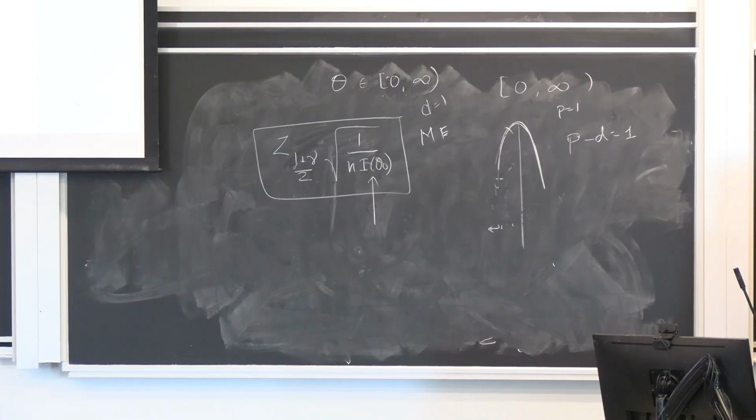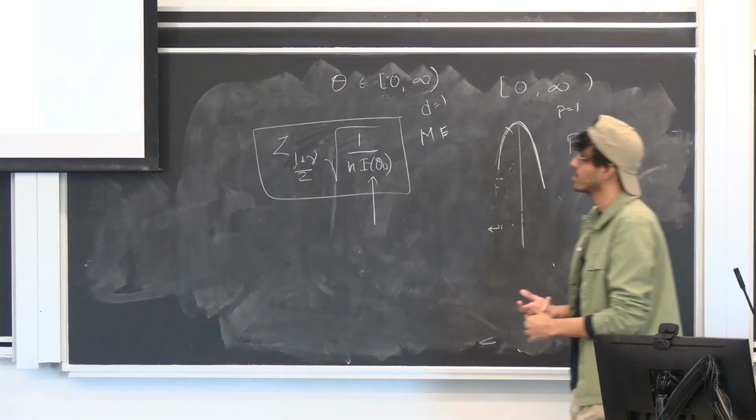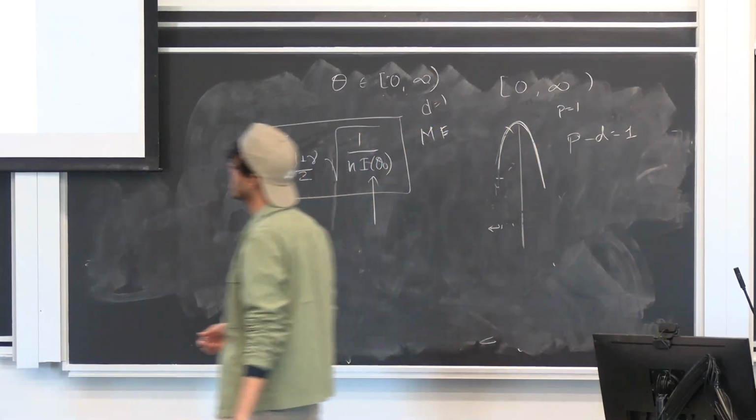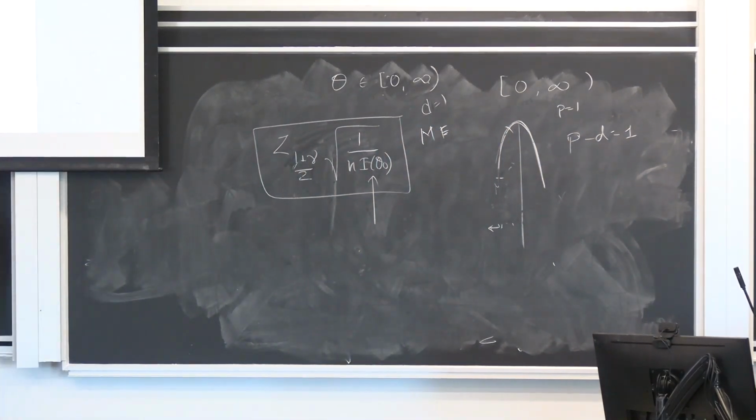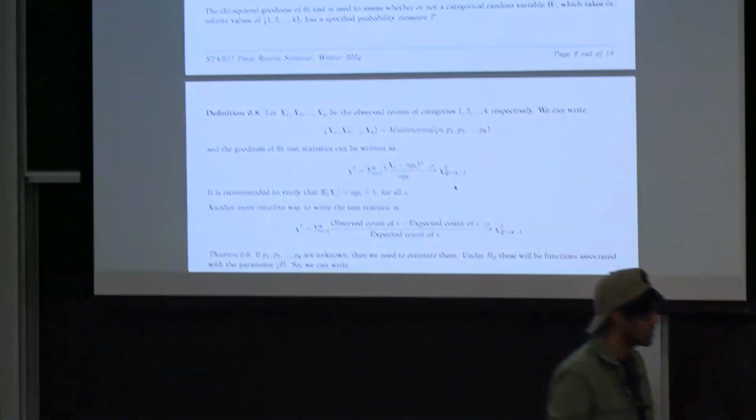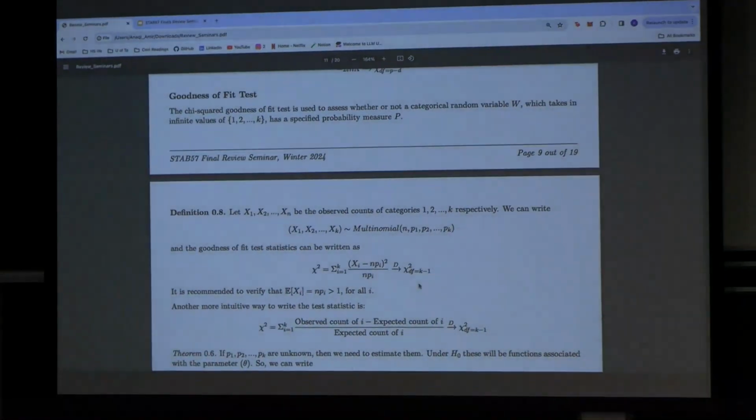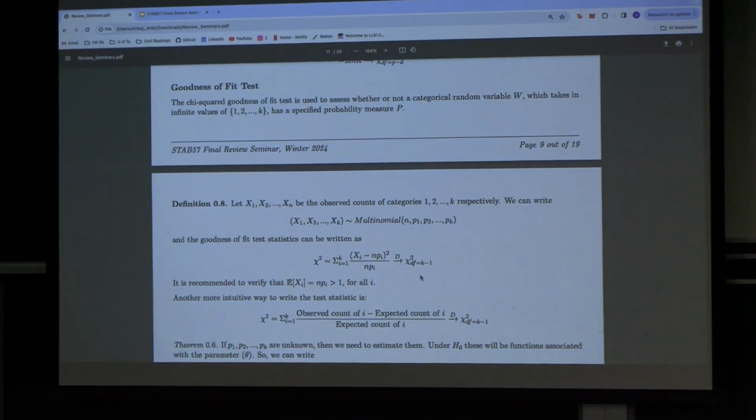Goodness of fit. The chi-square goodness of fit test is for figuring out categorical random variables. There's a small typo over here. This should be k. So if you have x1 through xk, which are counts of your observations, let's say you had 10 million observations and then there were like 10 categories, and you don't really care about the 10th observation being category A and the 11th observation being category B. You just want the total counts.